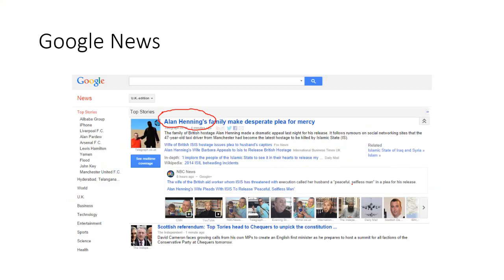One of the very popular uses of unsupervised learning algorithms is the way Google News shows its stories on its page. I have opened my Google News page, and you can see it on the screen.